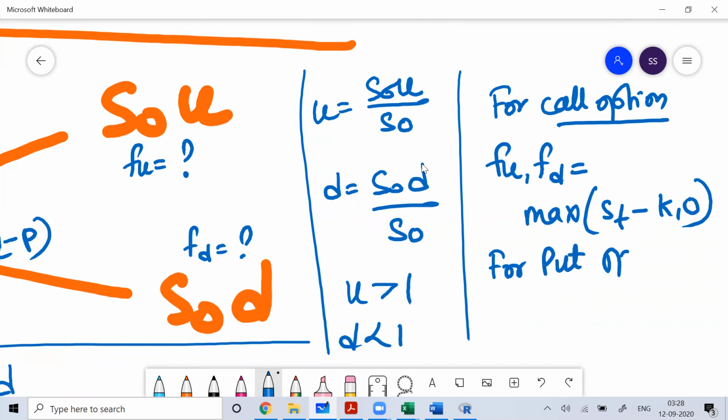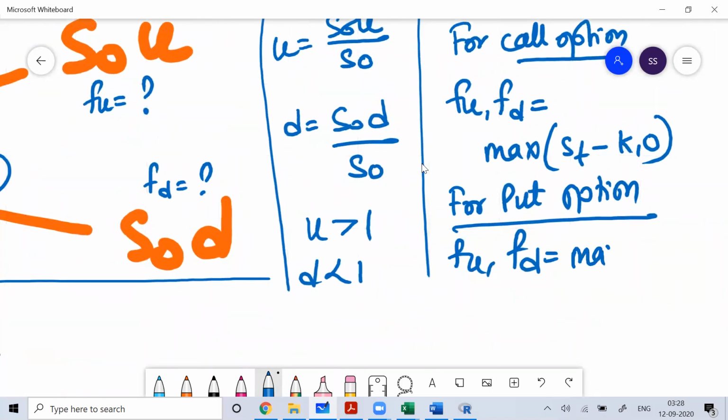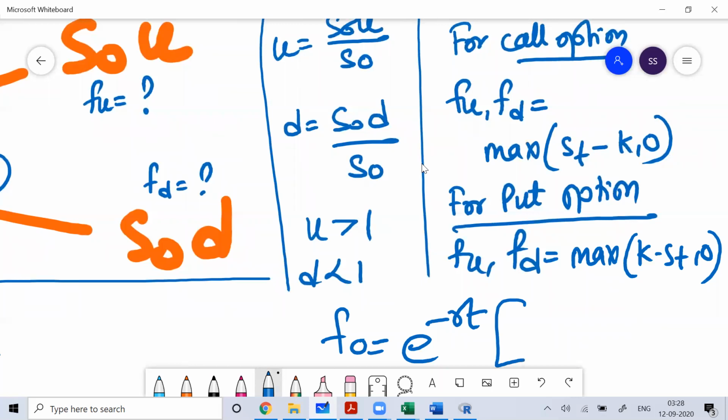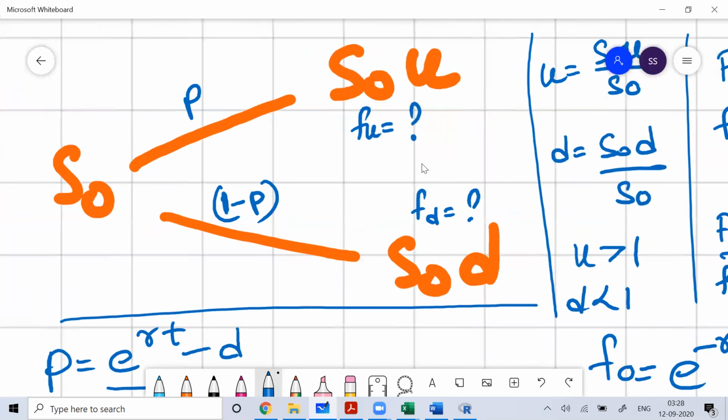While for a put option, if this is a put option problem, the formula of fu or fd is equal to the maximum of K minus ST comma 0. Once you get the value of fu and fd, you have to find the value of f naught. The formula of f naught is e to the power minus rT times p fu plus 1 minus p into fd. This is the formula you need to use, and that is f naught, the initial premium.